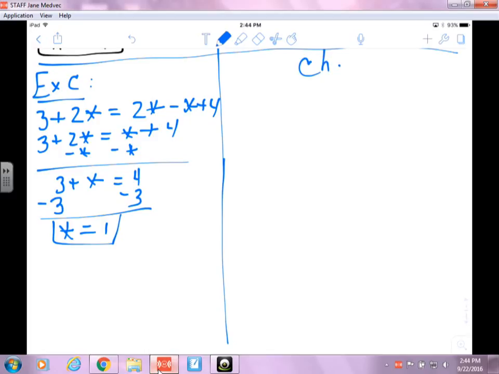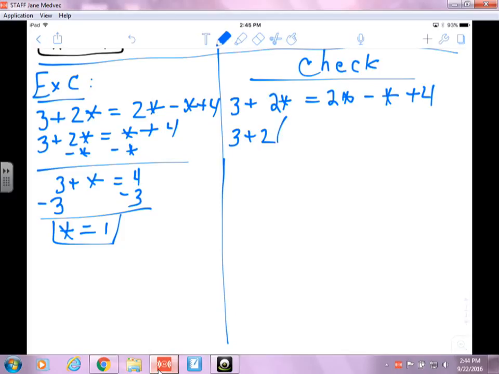Okay, and then I go up into my check again. 3 plus 2 star equals 2 star minus star plus 4. So 3 plus 2 times 1 equals 2 times 1 minus 1 plus 4. What are we going to do first?